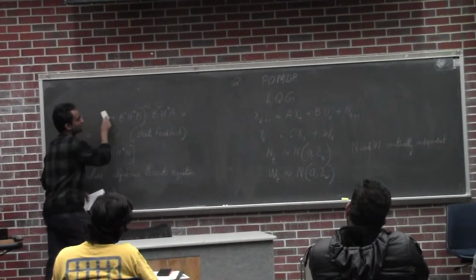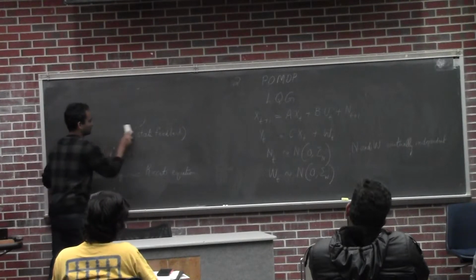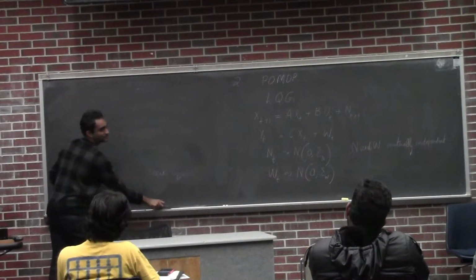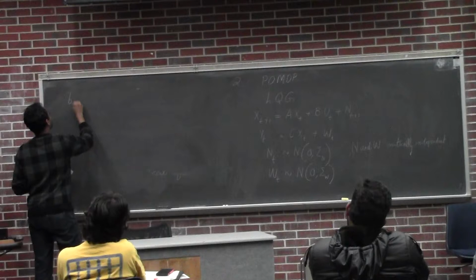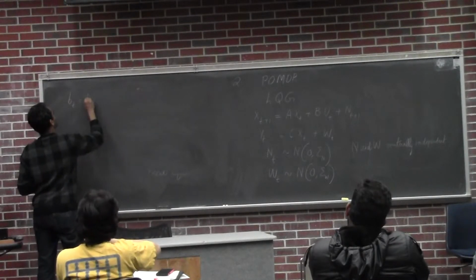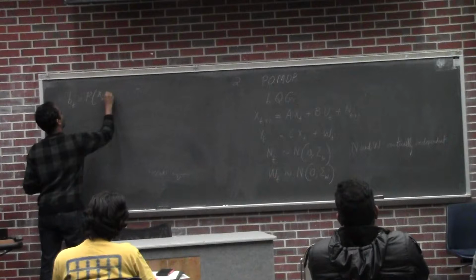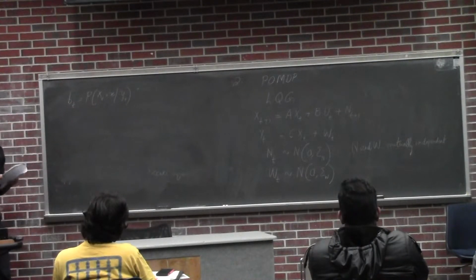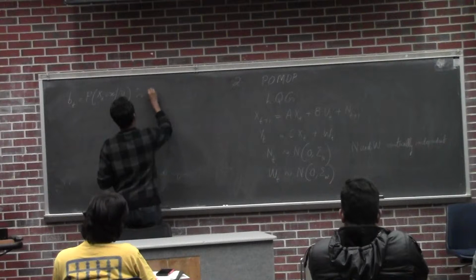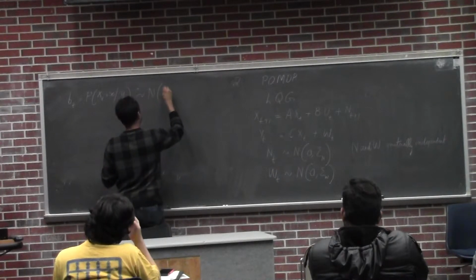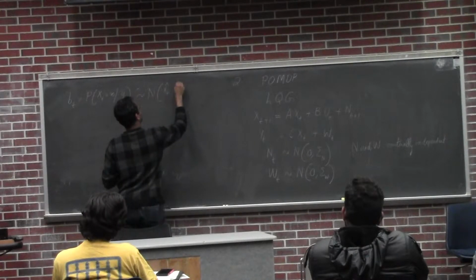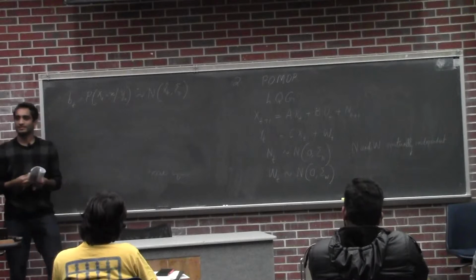So Gaussian is special in this case because the belief state for this particular system turns out to be Gaussian.